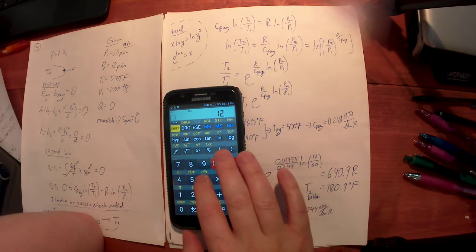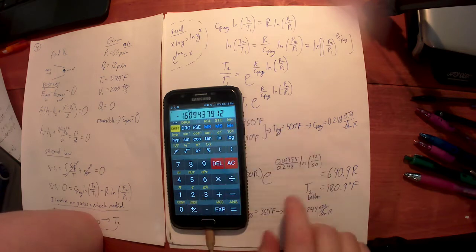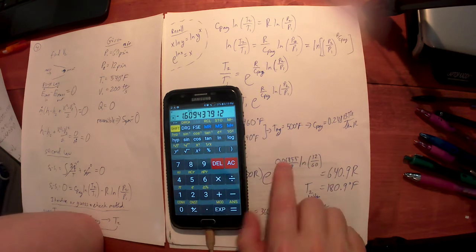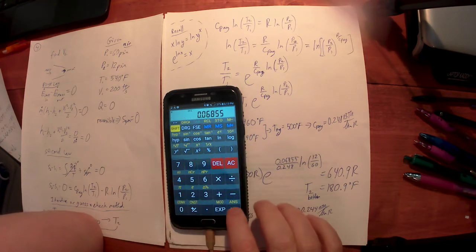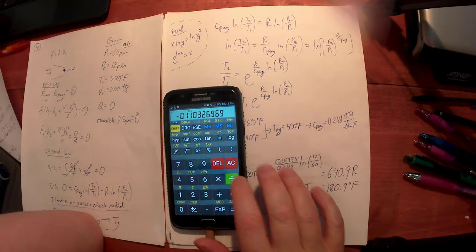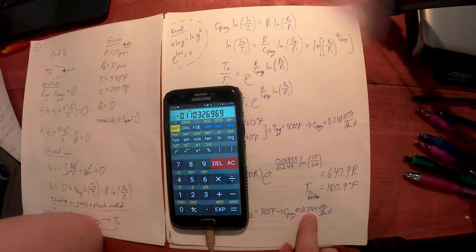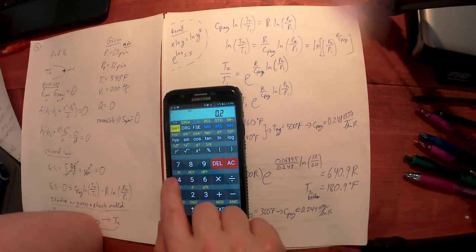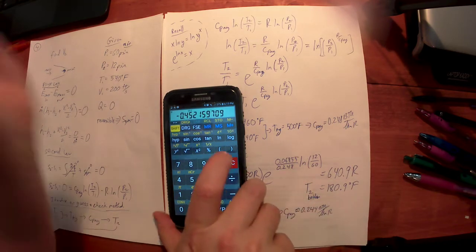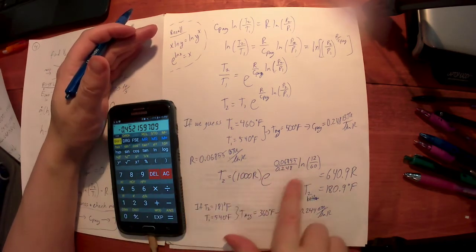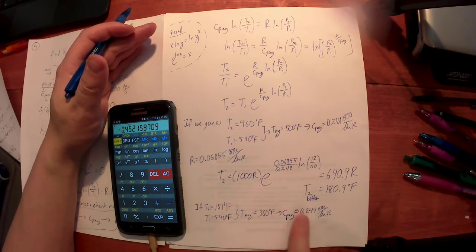It's 12 divided by 16, the natural log, so that's this quantity, and then multiply by this R value of 0.06855. And then I'm going to divide by my new C sub P, 0.244. Again, all I've done is take this expression right here. The only thing that's changed is this is now 0.244 because I've got a better guess at T2.